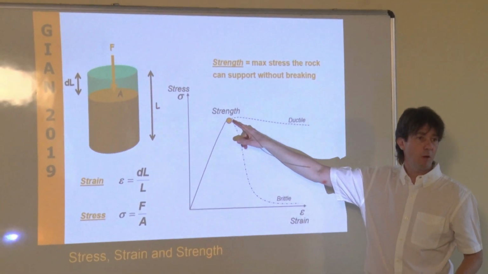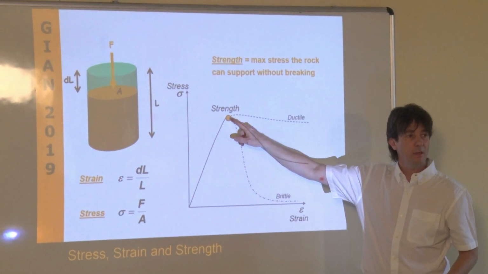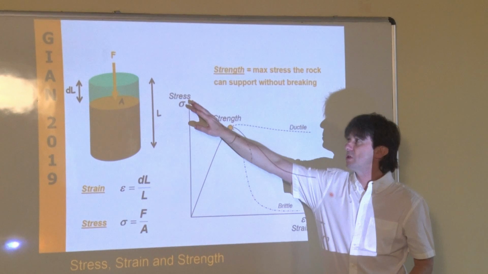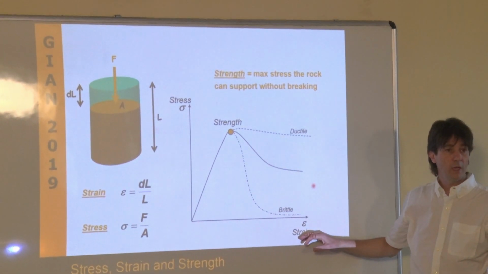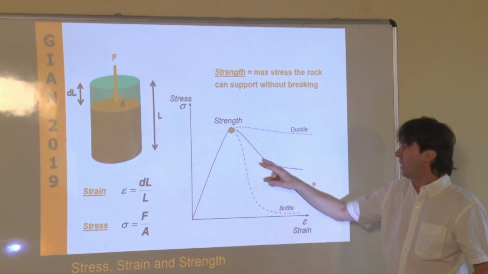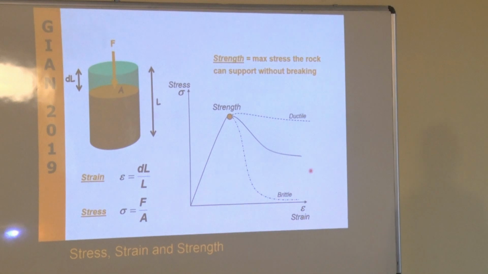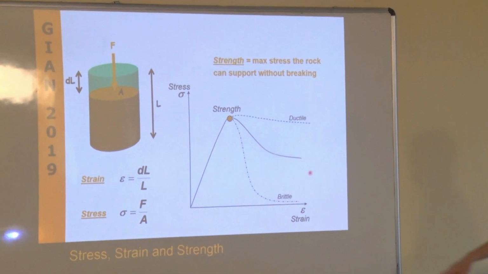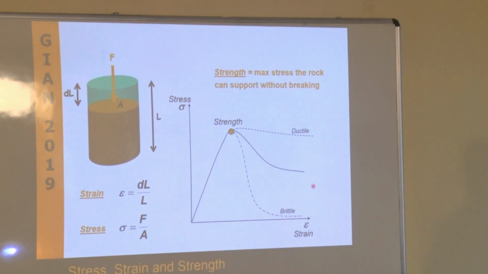It deviates from a line, and then that path, that relationship between stress and strain, will completely change, and we follow some sort of diverging path. That point is called the strength of the material. So one thing that needs to be clear: strength is one point.